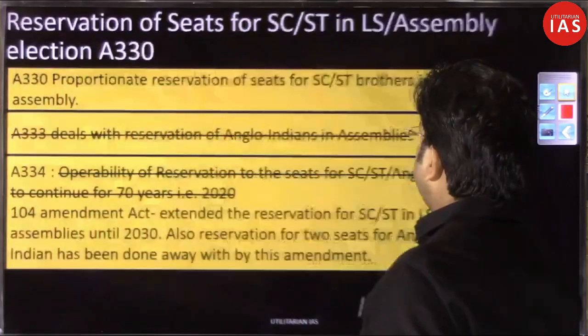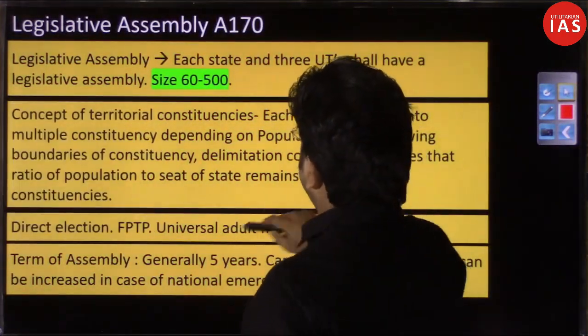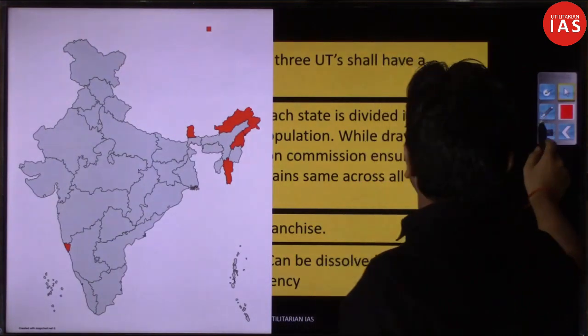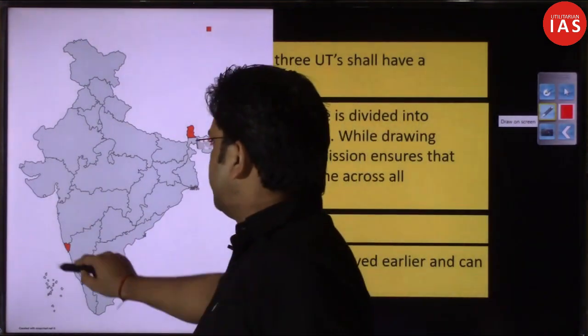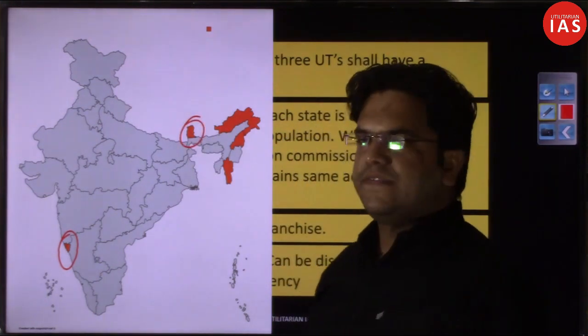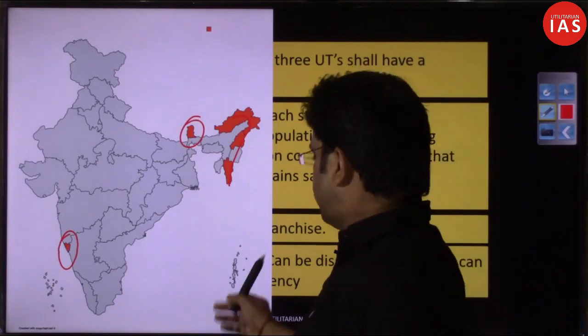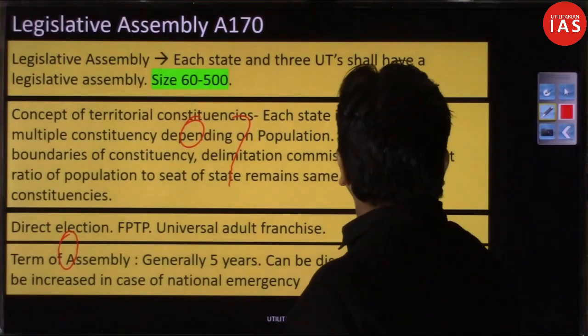Just a moment, let me show you on the map itself. So these are the 5 states that you can see. You have Goa on the western coast, then you have Sikkim, which was admitted into India in 1975, then Arunachal, Nagaland and Mizoram. These are the 5 states which do not follow this minimum and maximum rule.